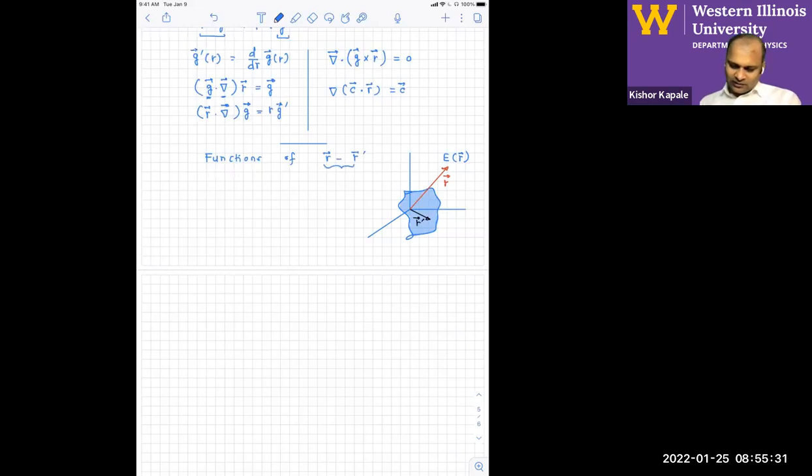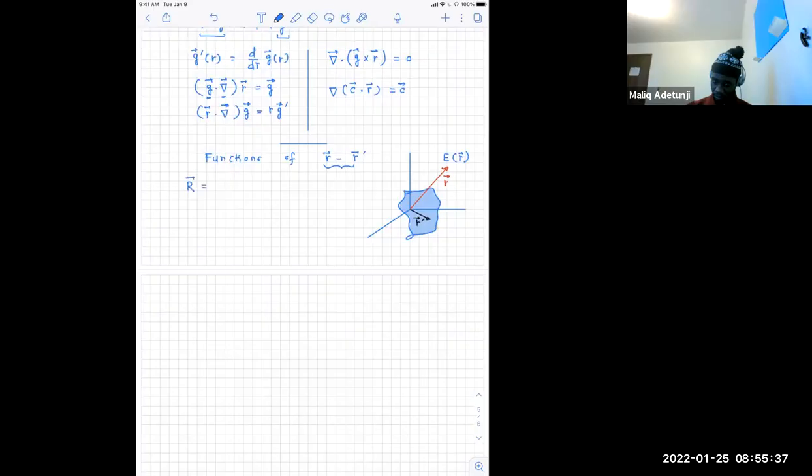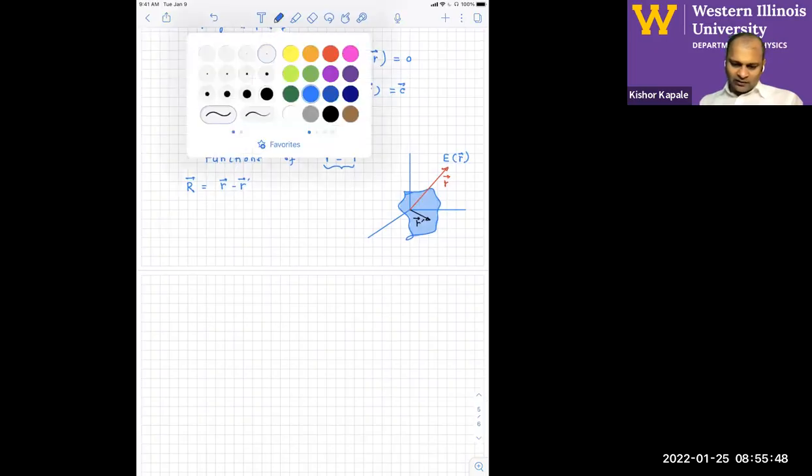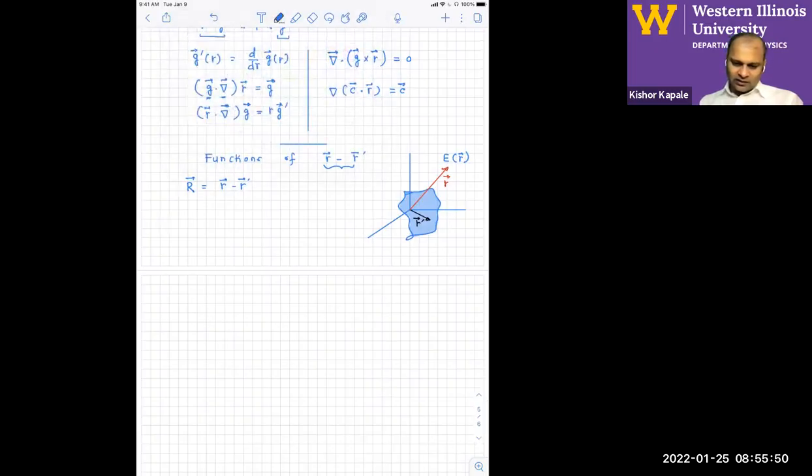Actually, I shouldn't use that one. Capital R is the vector R minus R prime, right? And why R minus R prime? That's important to point out. At each point, I'm going to now use a dashed line here, and let's use this color.